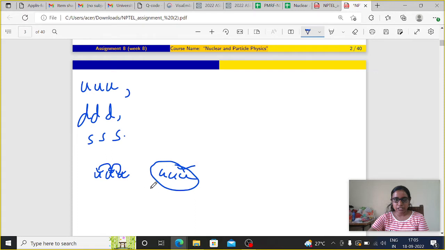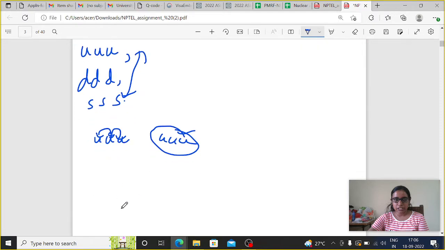So that means it's a symmetric configuration, and similarly for ddd as well as sss. So these three combinations are totally fully symmetric. Now these are the three particle configurations, and the rest of the 7 configurations will be like this.